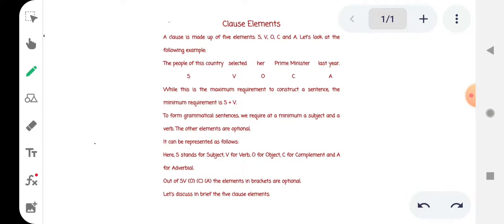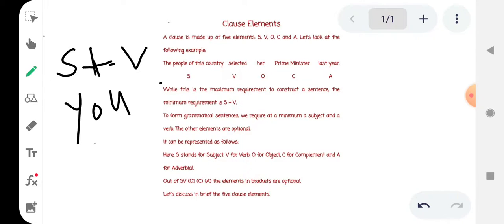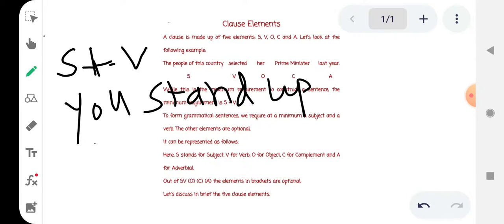These 5 elements combine together to form different sentences. Sentences cannot always be of an equal pattern. There cannot always be a subject plus verb pattern. For example, you stand up. Here this is the subject and this is the verb. But sentences cannot always be of this structure.